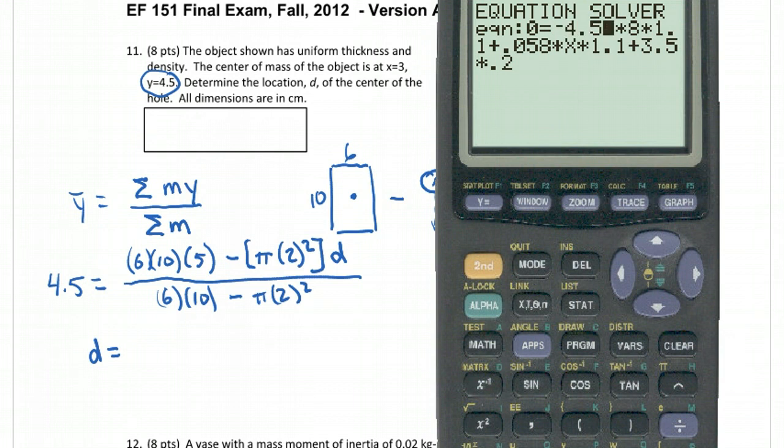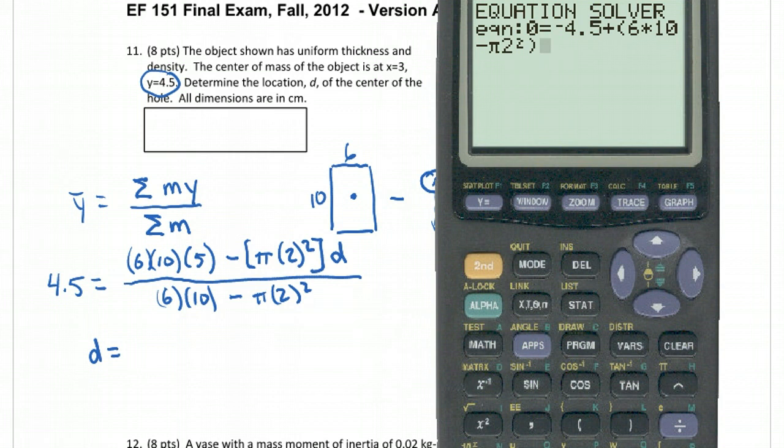Minus 4.5 plus quantity 6 times 10 minus pi r squared. So that's this quantity in the bottom.